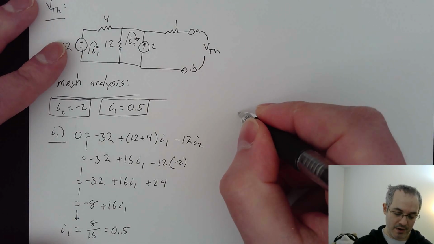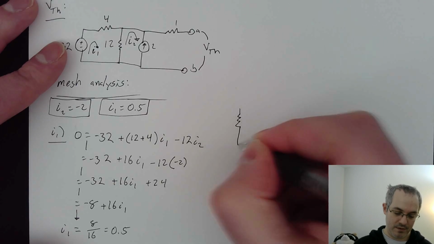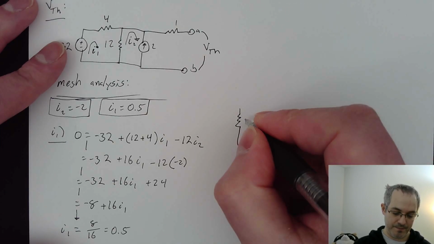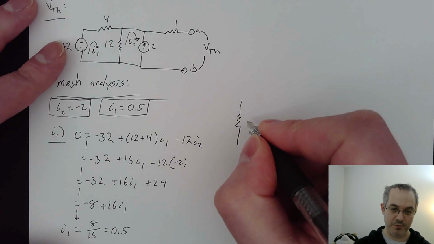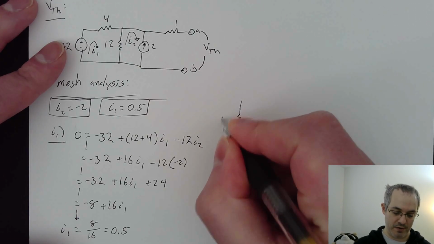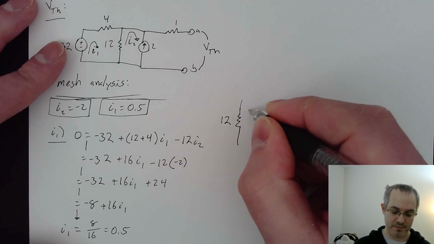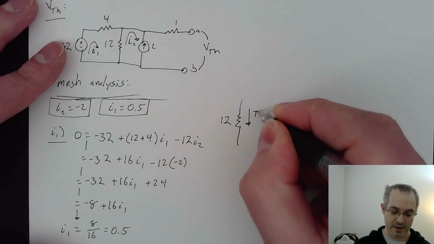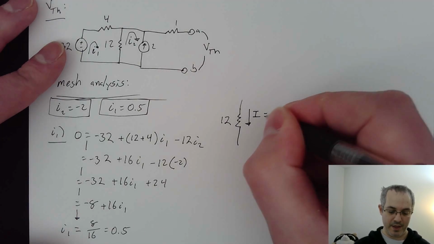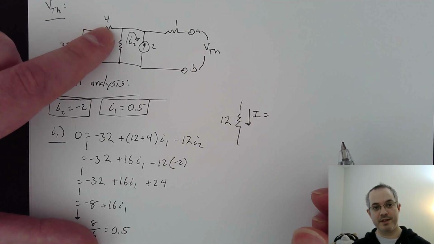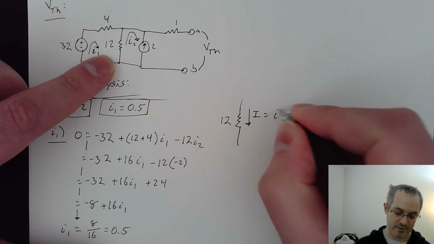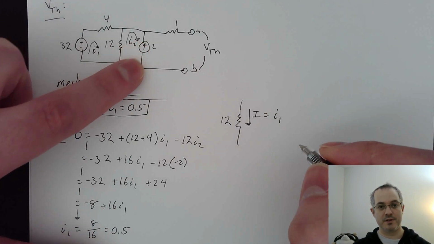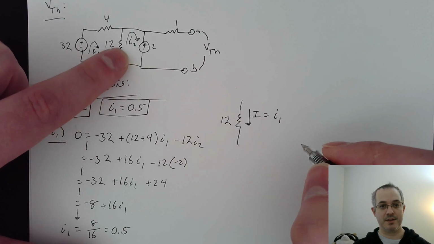So we want the current, and we've seen this when we were doing mesh analysis before. So this will be our 12. And we'll just set up, there's some current going this direction. We see then I1 is going in that same direction, so it adds to that. I2 is going in the opposite direction, right?